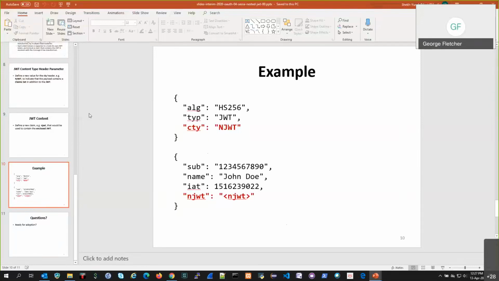But unless there is some way that we're binding all those enclosed JOTs into the overall signature of the outer JOT, outside of just the fact that they're present in the body, I struggle to see where we're adding substantial value.